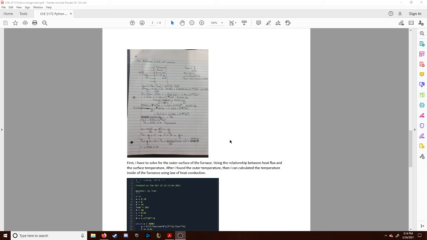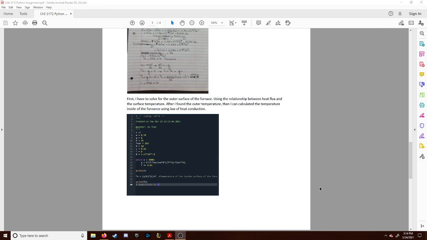Then I rearranged that equation, and I got the temperature on the inner surface equal to q over k times the thickness of the furnace plus the temperature on the outer surface of the furnace, and then I got 596.4 degrees Kelvin.